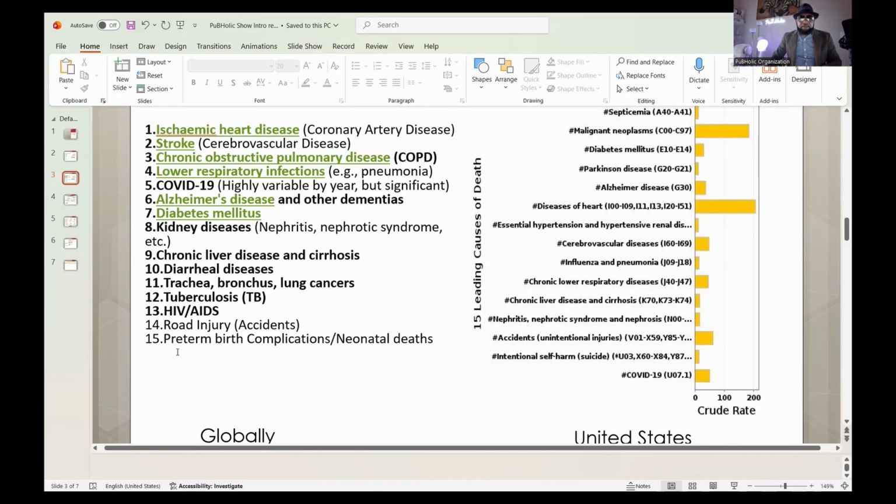And when we looked at the other information, accident was higher in the United States. It was at a higher level. Then you have preterm birth complications and neonatal deaths. That's global data.